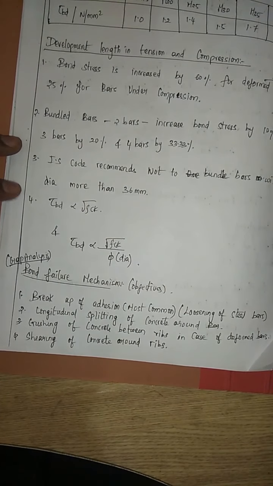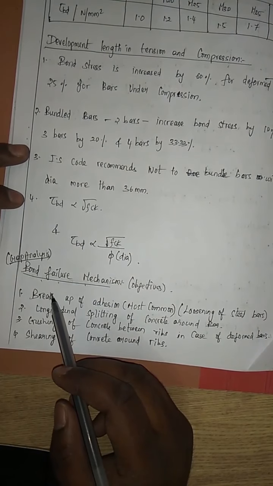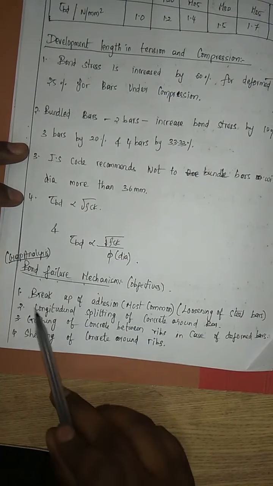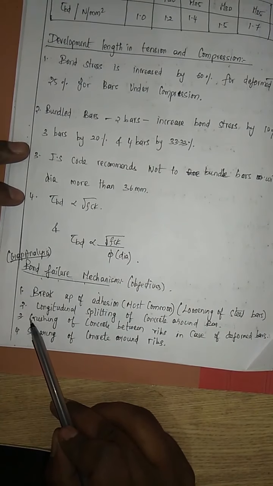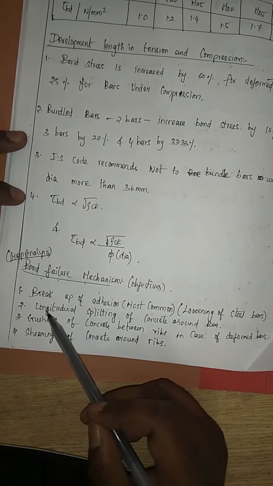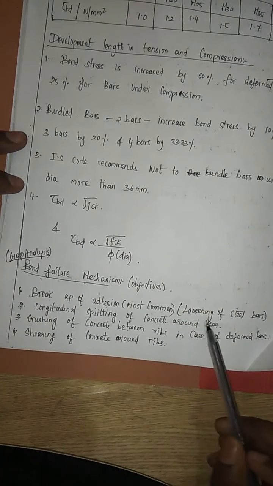So the bond failure mechanism: how this bond will fail between the concrete and steel. Only 4 points are there, so remember them or just keep them in mind for general knowledge. The first point is breakup of adhesion, the most common, loosening of steel bar.